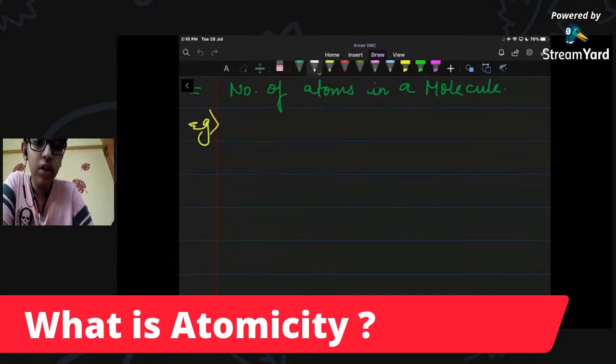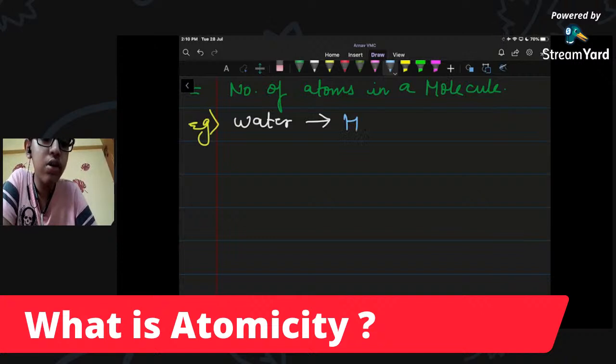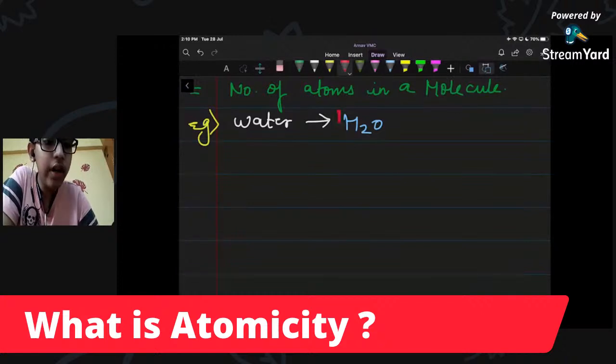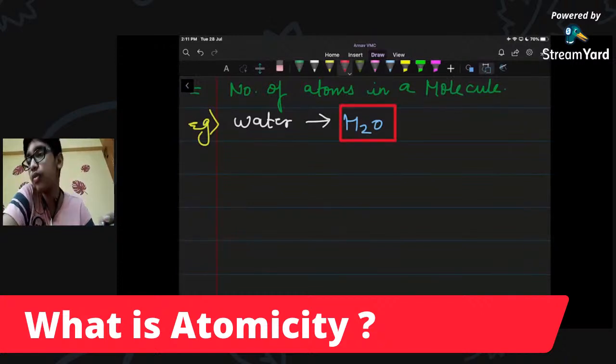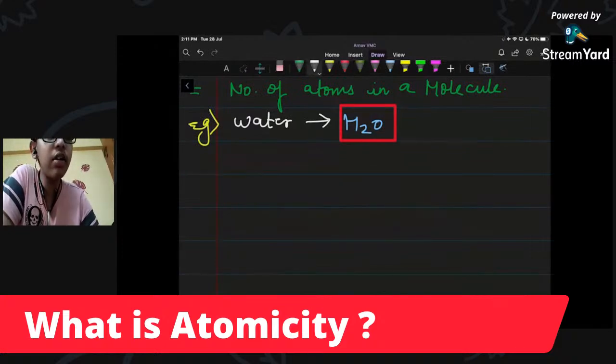You know water, everyone knows water. What is water called? H2O. Water is called H2O. Why is it called H2O? Because of its atomicity. What is atomicity? Number of atoms in one molecule.